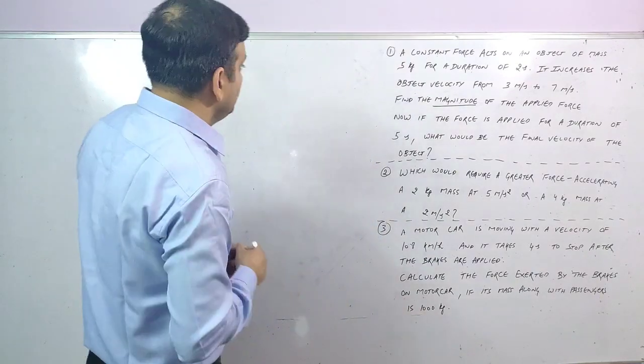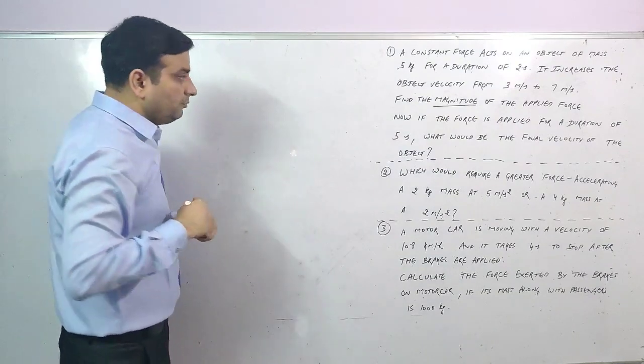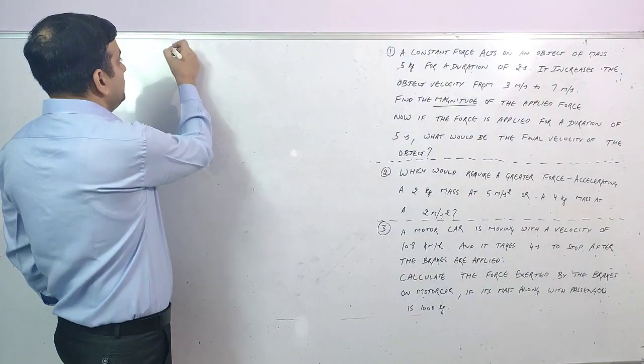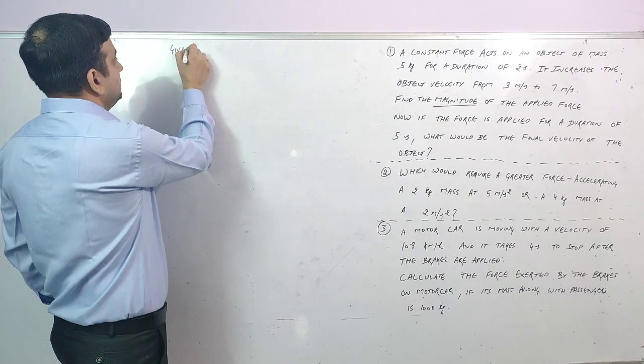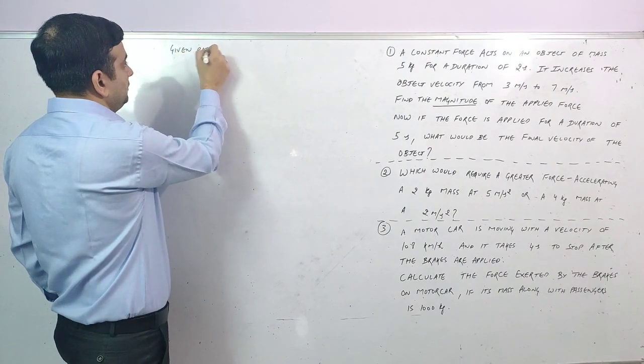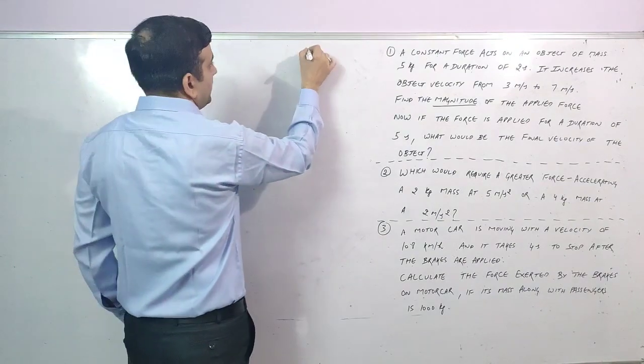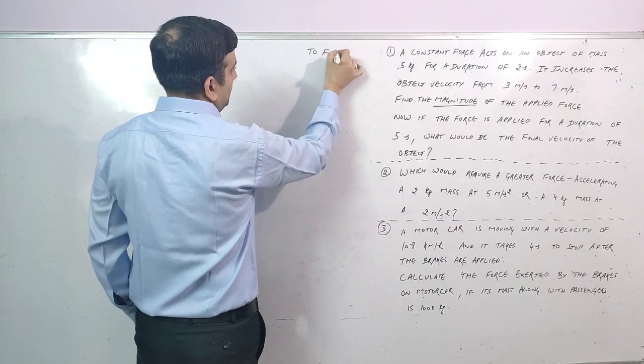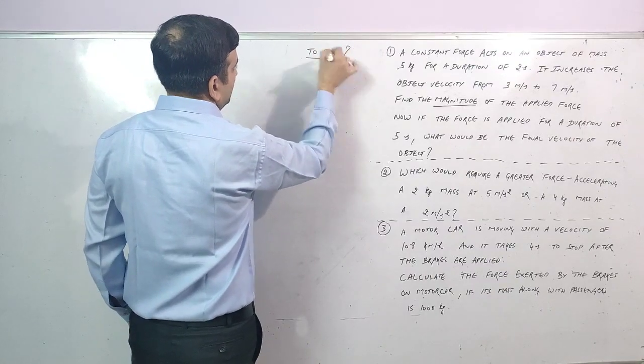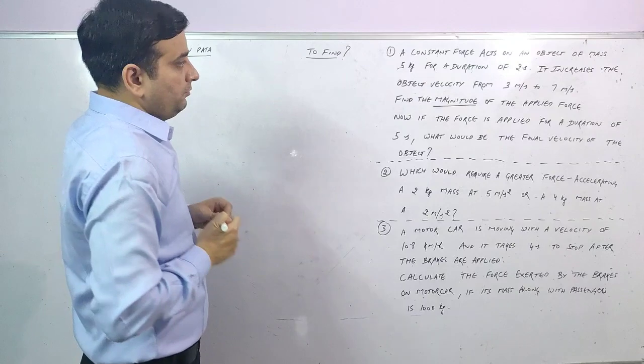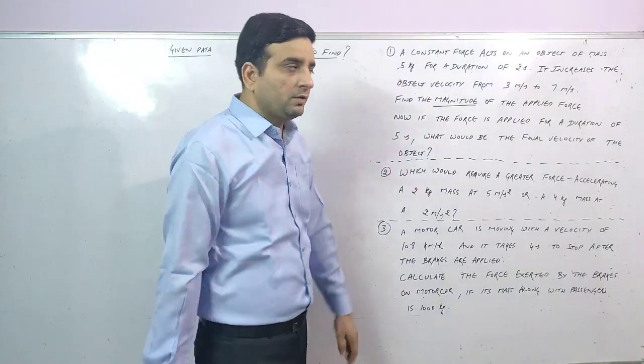Every time we solve a numerical, we will divide the statement into two parts: given data and what we have to find out. First we will read the statement carefully.